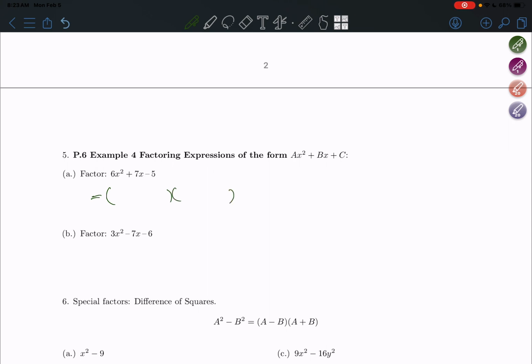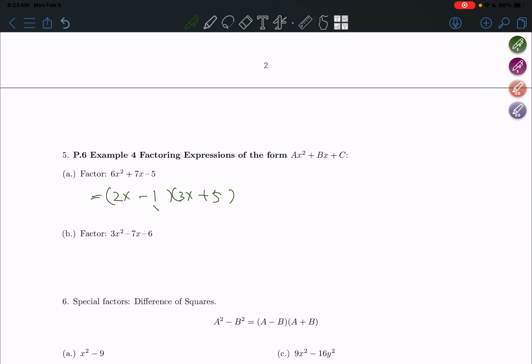For me, I will guess 2x times 3x for the 6. And then I move around the negative 5. It turns out it's going to be positive 5 and minus 1. I'm doing the guess and check the way I did it at the very beginning, in the previous example with all these boxes, but I just imagine those boxes in my head instead of drawing them out.